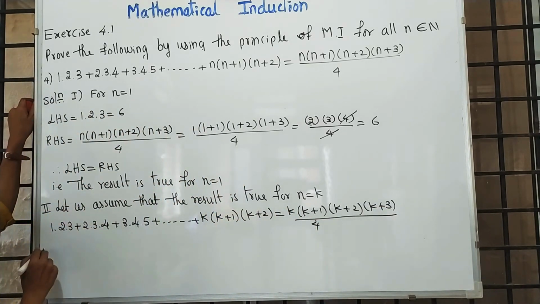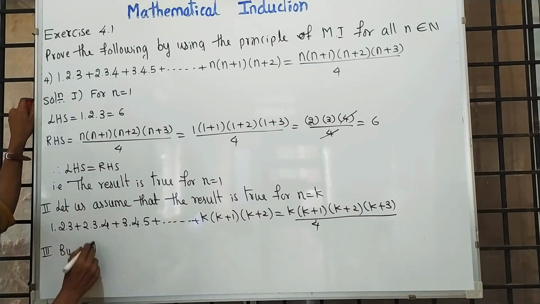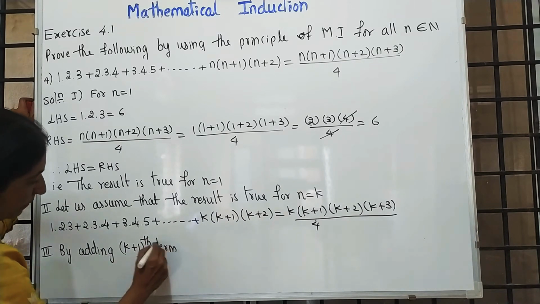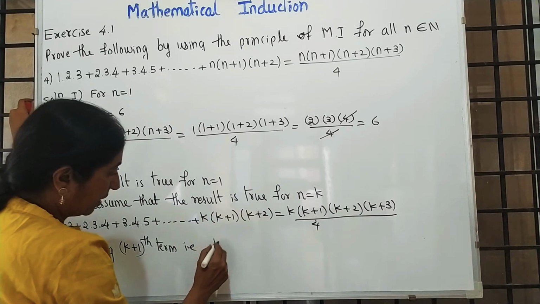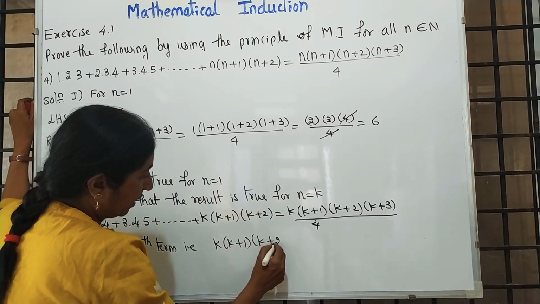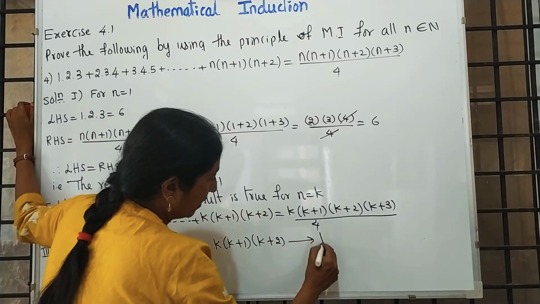And third step, adding. By adding the k plus 1th term, that is, write down the last term of the left side and wherever k is there replace it by k plus 1.